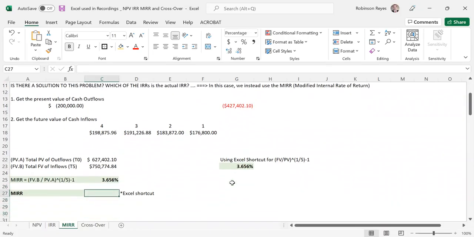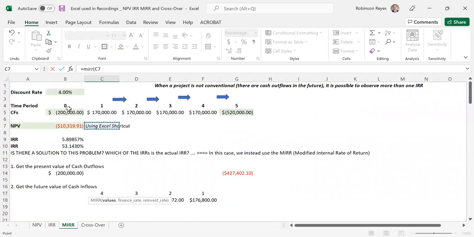The important thing is you know exactly what Excel is doing, and this is MIRR, and then you will just choose all of these values. The values, let's remember the values we had in the very beginning. You just choose all of them. And then Excel is asking about a finance rate and a reinvest rate. We are assuming that both are the same, both are simply the discount rate.